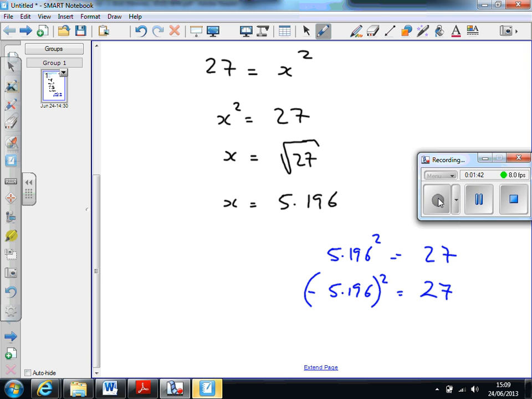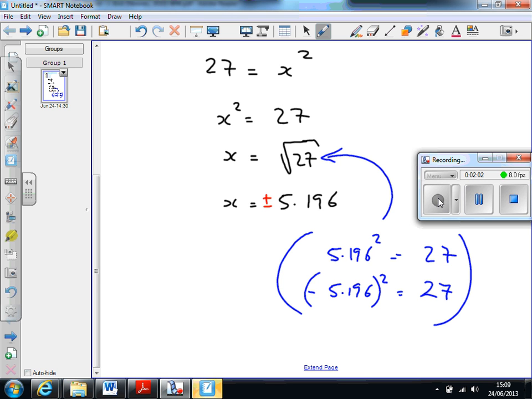So when I'm square rooting 27, I don't know whether or not the number that I square to get 27 is positive or negative. So in the end, I have to give my answer as plus or minus.